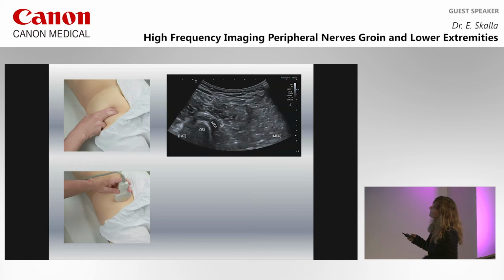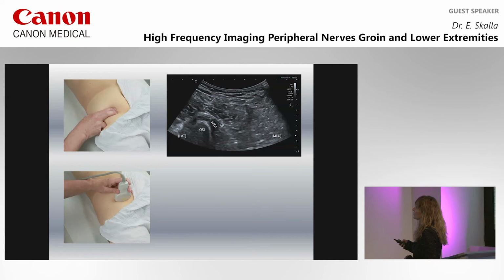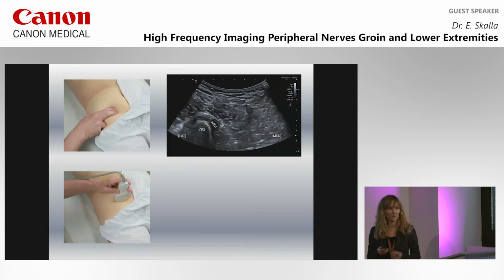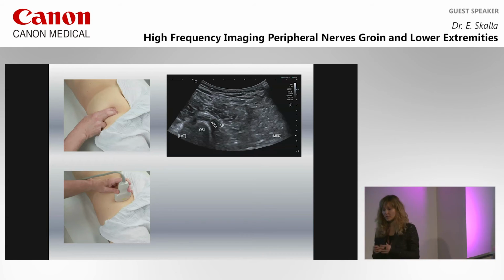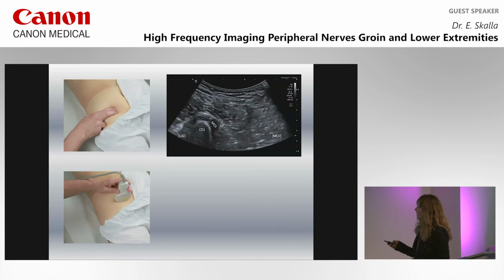You have here the high echo reflex of the ischial bone, and then a structure that reminds us of a waterfall. It's just when you're going upwards and downwards, you see this structure winding around the ischial bone like a waterfall. And then this is our internal landmark.